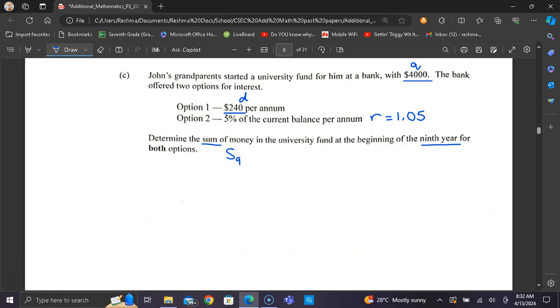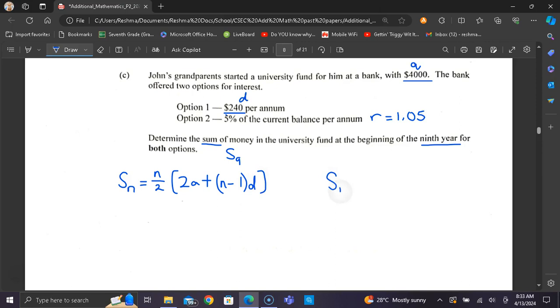All right, so let's write down the two formulae that we would need. For an arithmetic series, Sn, right, which is the sum of an arithmetic series, and these formulae are in the formula sheet: n over 2 times 2a plus n minus 1 times d.